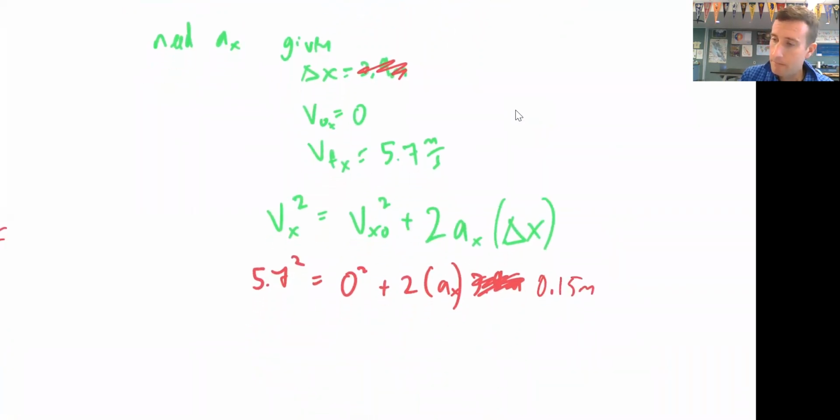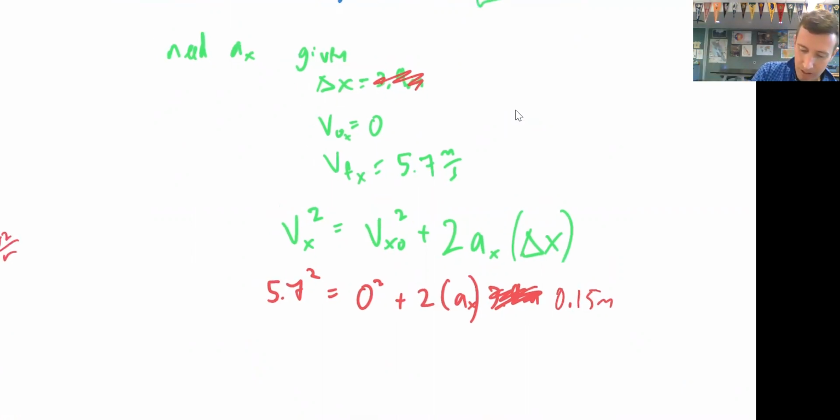But you know what? That change of 0.15 meters is on the diagonal. So instead of using 5.7, I should actually be using my total velocity because that's on the diagonal too. So I got to go back and shift it to 6.6 meters per second.